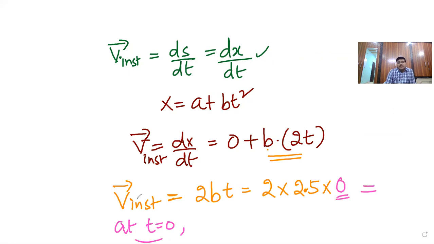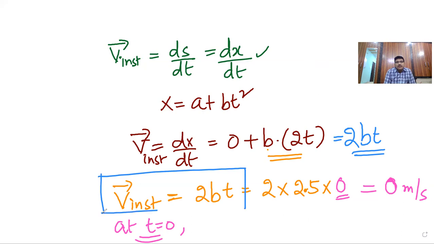So velocity is completely 0 meter per second. That is the first. Here, velocity is 0 meter per second at t is equal to 0. Clear? The equation itself is 2 into b into t. So if I substitute the values into this, automatically we get the velocity.